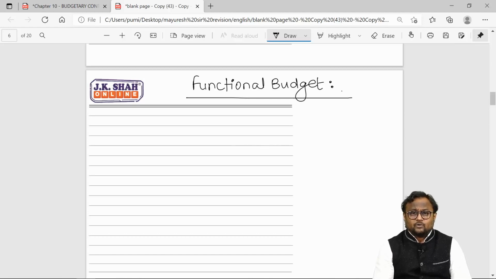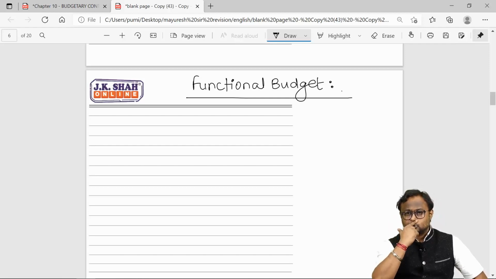I want to consume 50,000 meters. I will buy 50,000. What if I want to maintain stock of 10,000 meters after consuming 50,000 meters? I will buy 60,000 meters.